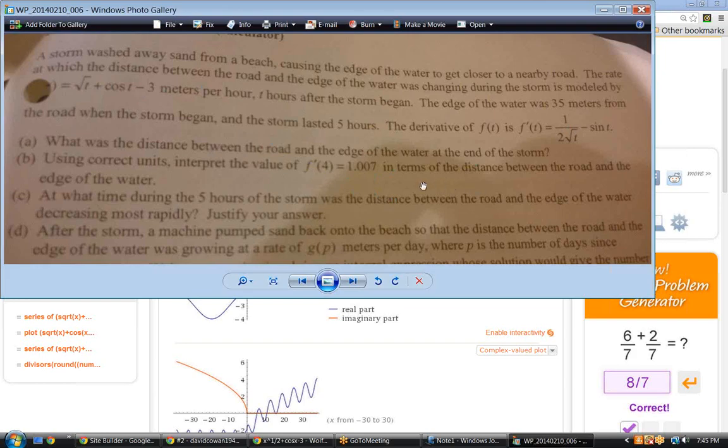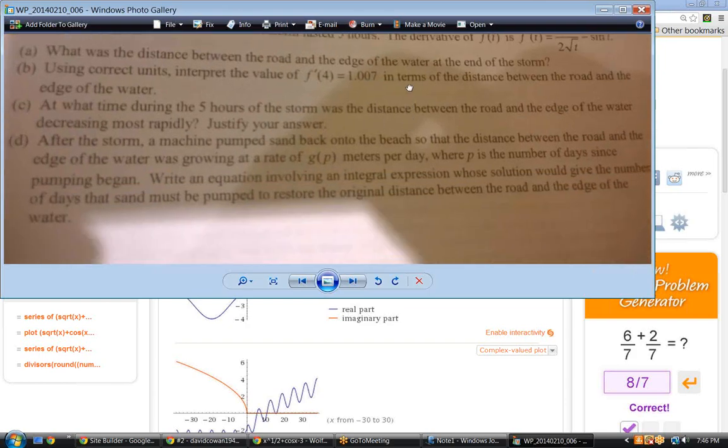And that's what your answer told you, is that at 4 hours, the rate at which the road is being washed away is changing at this rate. In the same way that a car would change its velocity from 40 miles an hour to 50 miles an hour by accelerating from 40 to 50. And you would have a function for that acceleration.